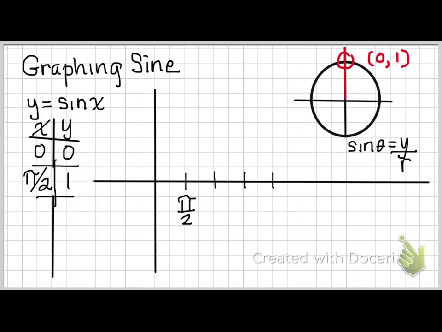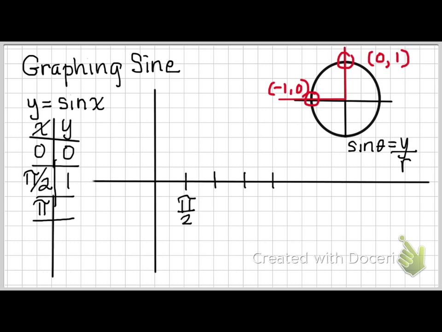Now my next convenient value is going to be pi. Go to the unit circle, rotate around to pi, and we'll get our xy coordinates there as -1, 0.